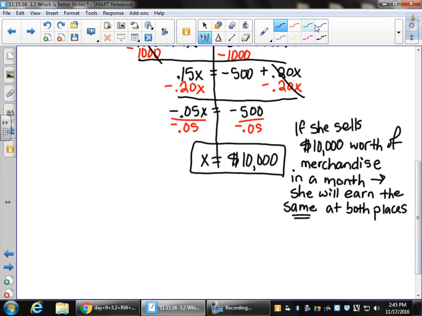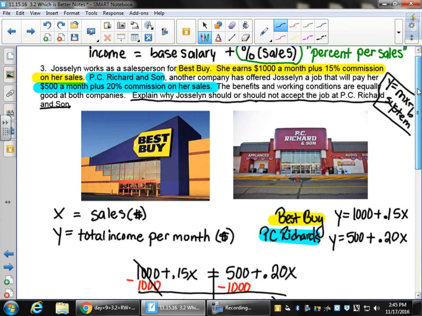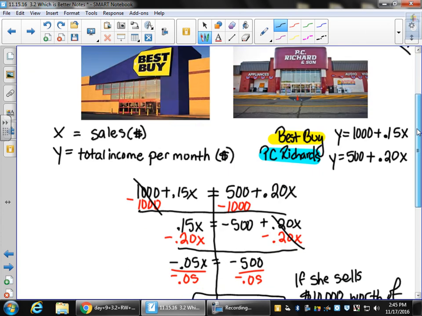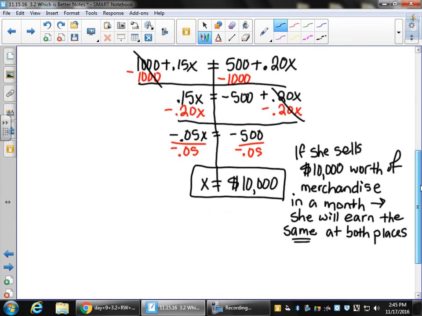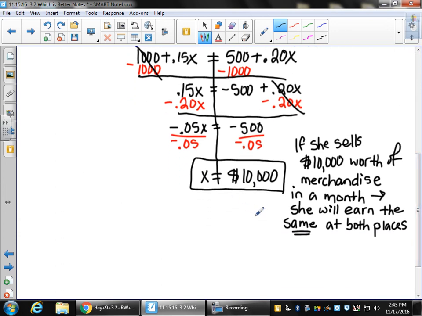So let's say she has only been working at Best Buy, what's the company she's working at? Yeah, Best Buy. Let's say she's only been working at Best Buy for a year and she's like, I can't sell this much. Assume something less than 10,000.